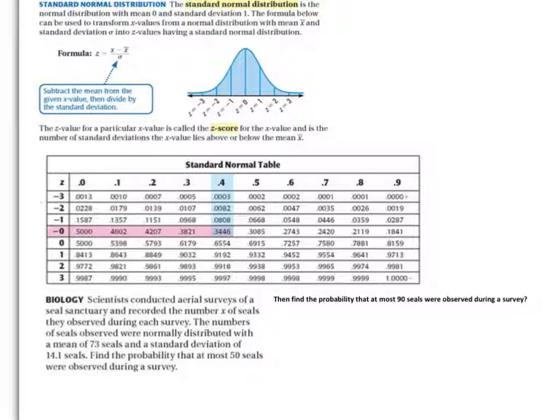Alright, so standard normal distribution. The standard normal distribution is the normal distribution with mean 0 and a standard deviation of 1. So that means the average is 0 and the standard deviation is 1. The formula below can be used to transform x values from a normal distribution with mean of x bar and standard deviation of sigma into z values having a standard normal distribution.